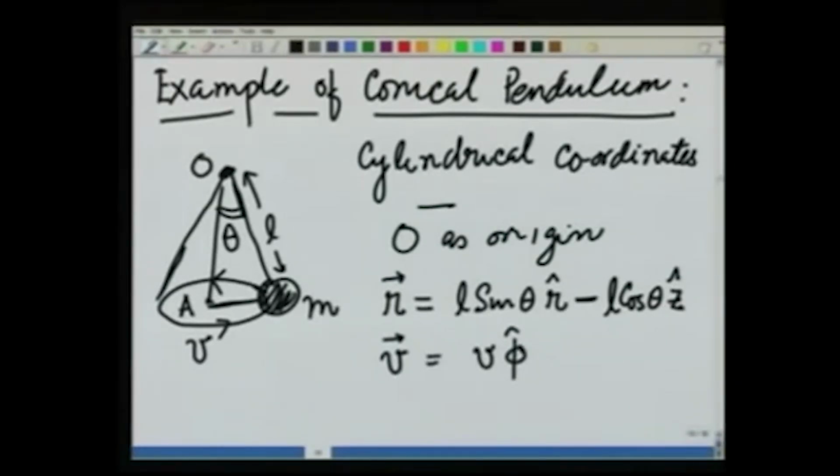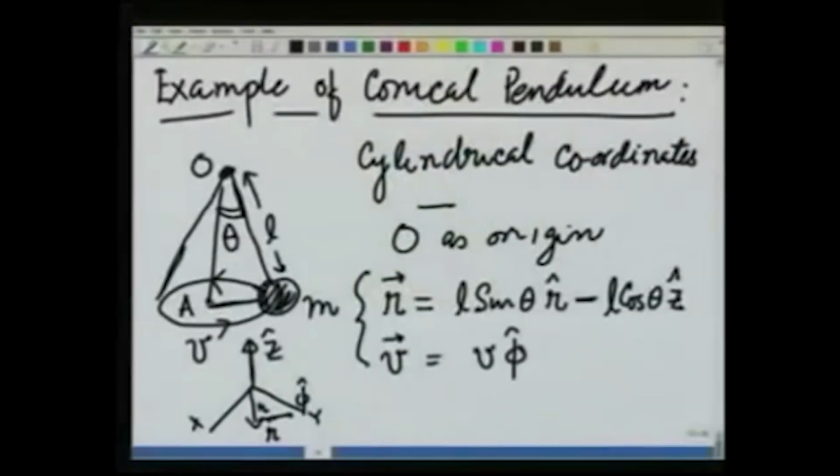Those of you who have forgotten, let me remind you, for a given origin, the distance in the plane of x and y is given as r, then this is the r unit vector, the vector perpendicular to this is the phi vector, and the z vector is your z vector. So, in the xy plane I am using planar polar coordinates, and z unit vector is z unit vector. So, these are given as r and v, and now let us calculate the angular momentum for the conical pendulum.